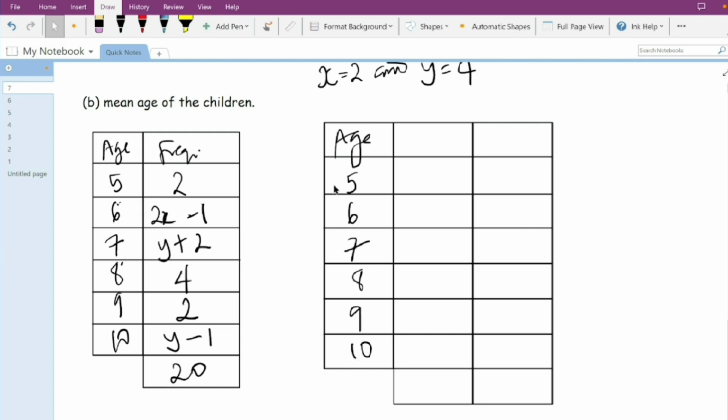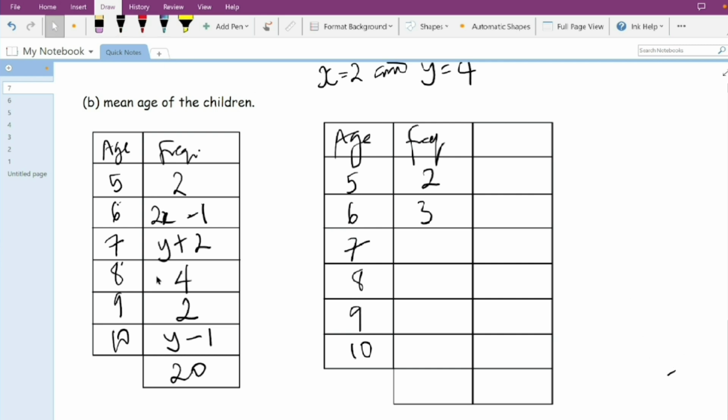Then for frequency, for age 5, we have 2 of them. For age 6, you have 2x minus 1, and you know your x is 2, so it's 2 times 2 minus 1. 2 times 2 is 4 minus 1, that's 3. So we have 3 children here.